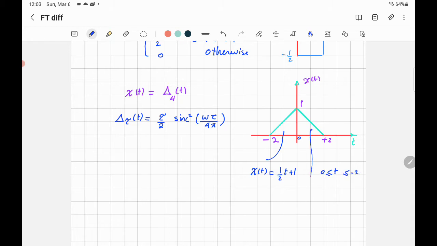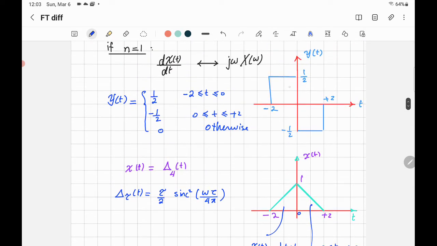What about the second part? You will find here that x of t is equal to negative 1/2 t plus 1, with y-intercept 1, from t equals 0 up to positive 2. So if you differentiate the part between negative 2 and 0, you get half, and the one to the right gives negative half, and that's what you got.